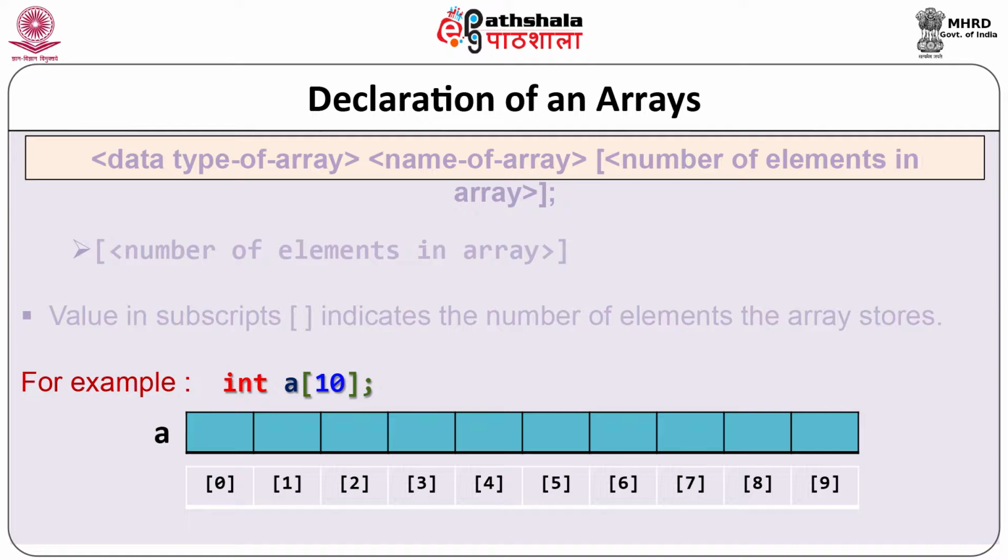As we know, an array is indexed from 0, meaning A[0] is the first element and A[9] is the last element, that is the 10th element. This way you can use an array in the program.